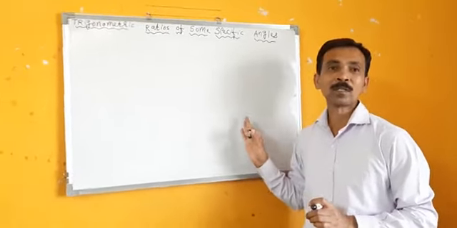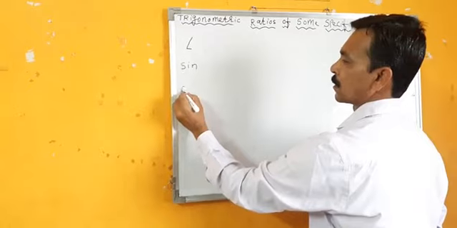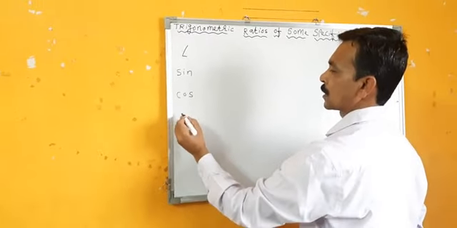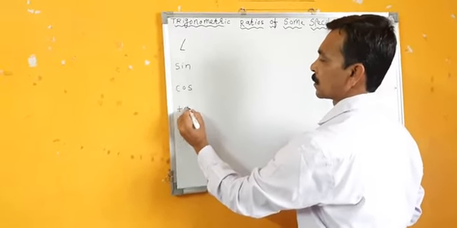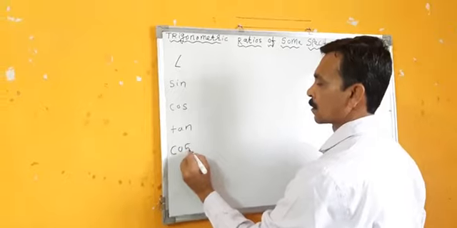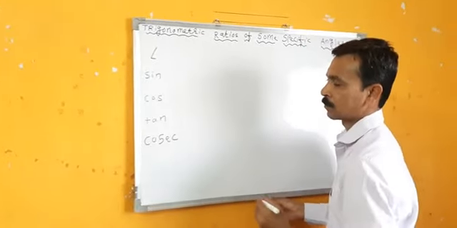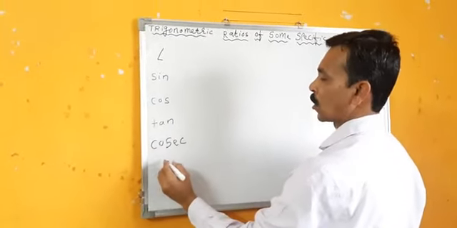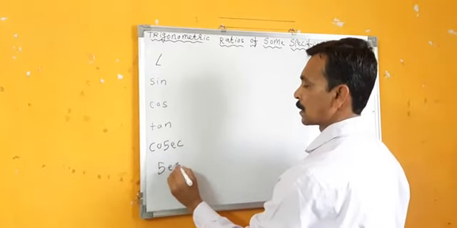I call this angles. This is sine, cos, tan, and what is the reciprocal of sine? Cosec. What is the reciprocal of cos? Sec.